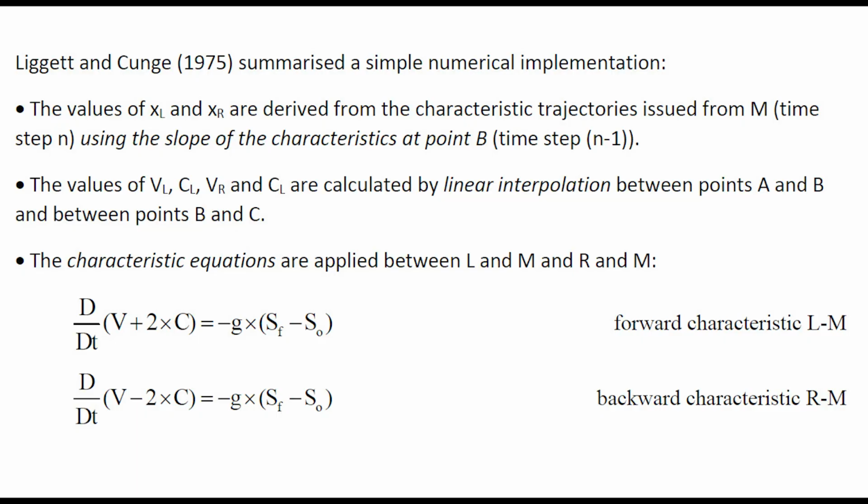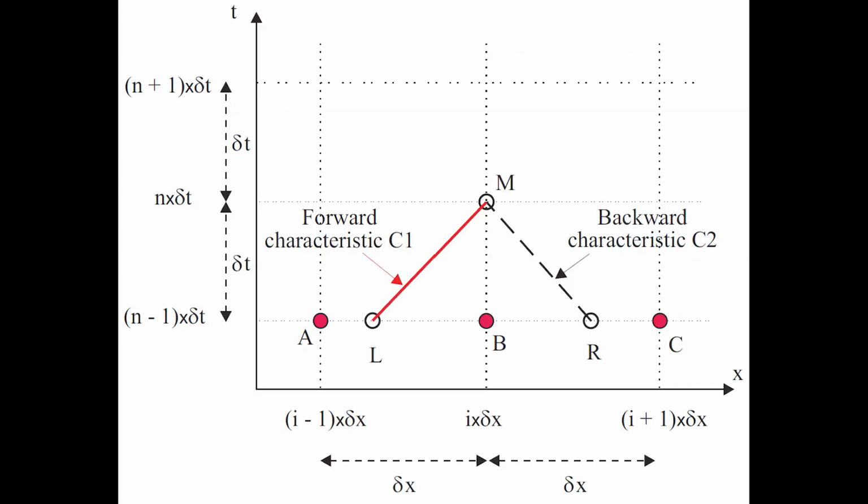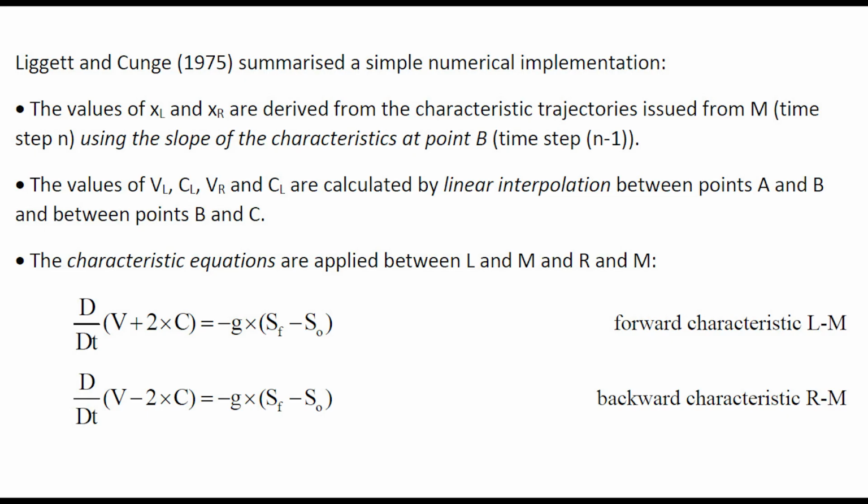A simple numerical implementation was proposed, starting first by calculating the locations of the points L and R using the characteristic slopes based upon the flow properties at point B. Then the values of the velocity and celerity are calculated by linear interpolations, and the characteristic system of equations is then applied.